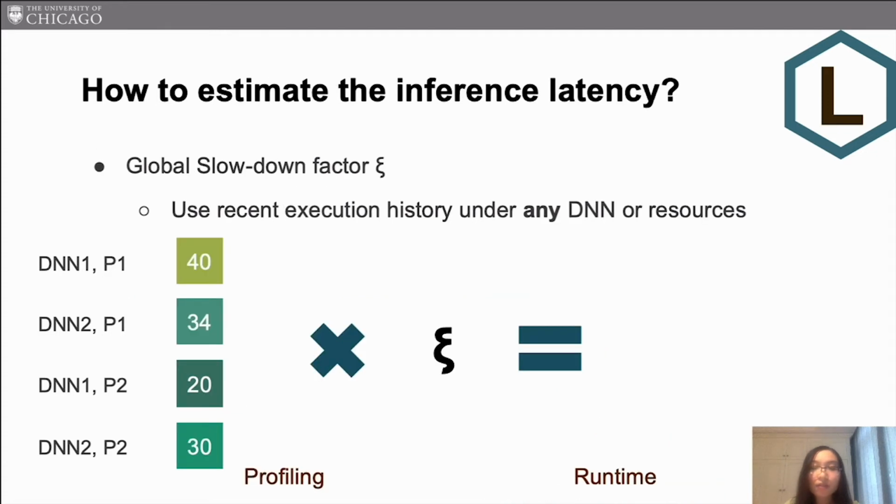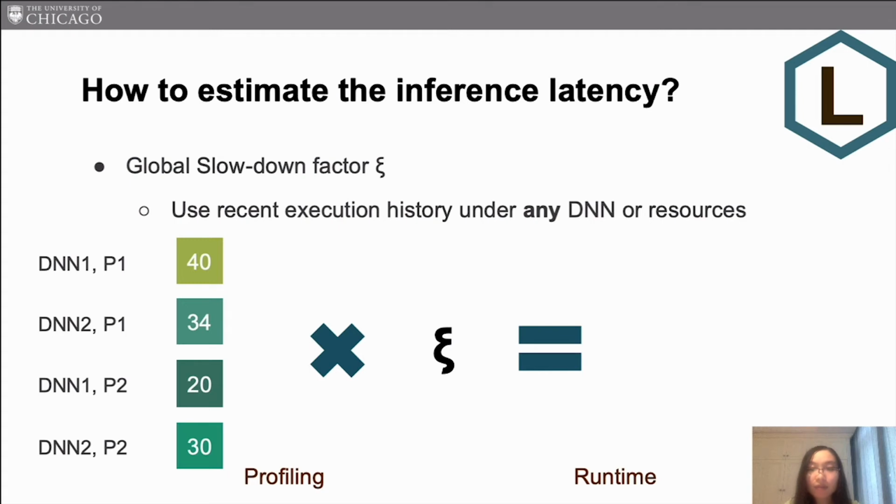To solve these two problems, Alert introduces a global slowdown factor to capture how the current environment differs from the profiled environment. Such an environmental slowdown factor is independent of individual DNN or power selection. Imagine that DNN2 takes about 34 seconds to finish under power setting 1 during the profiling.